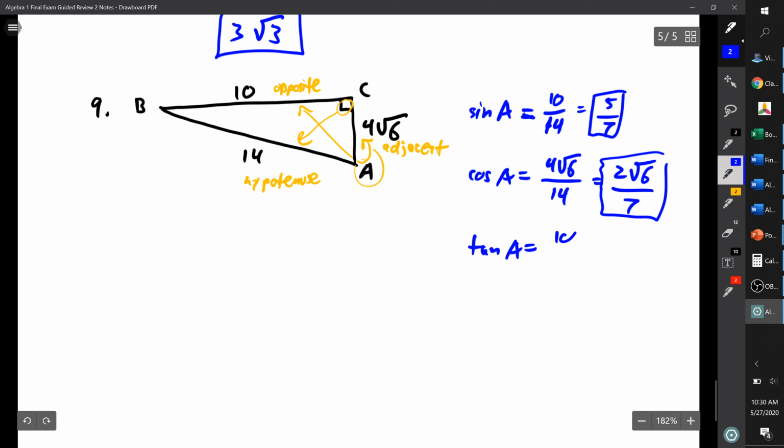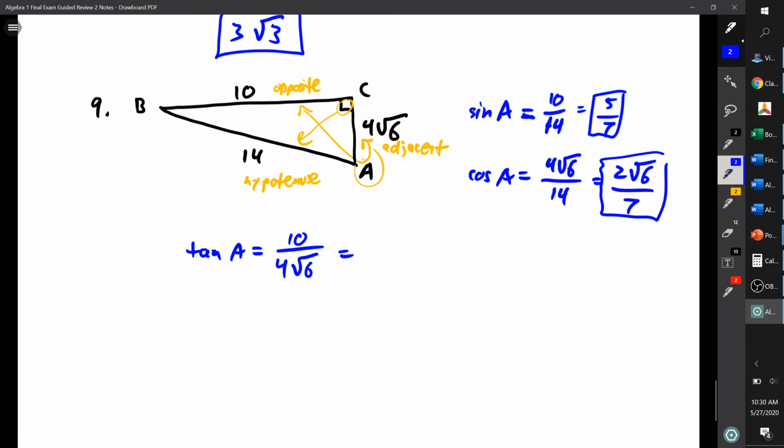So that is 10. You know what? I'm going to do this over to the left because there's going to be a little bit more simplifying to do here. Tangent of angle A equals opposite, 10, over adjacent, 4√6. Well, 10/4, that's the same thing as 5/2. That's 5 over 2√6.